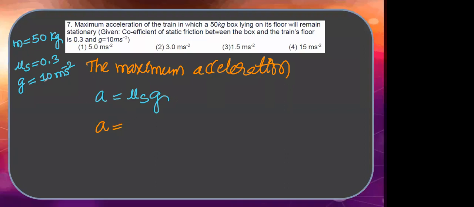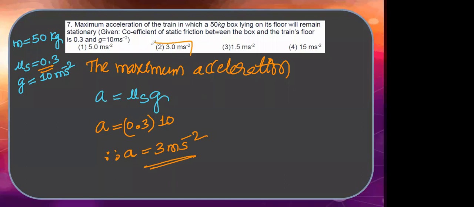Therefore, A is equal to mu s, given as 0.3, into g, taken as 10 meters per second square. Therefore, acceleration A is equal to 10 into 0.3, which is equal to 3 meters per second square. Like this. Next problem.